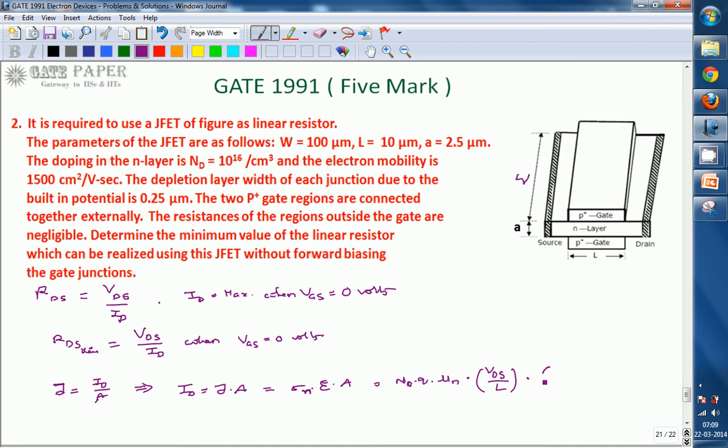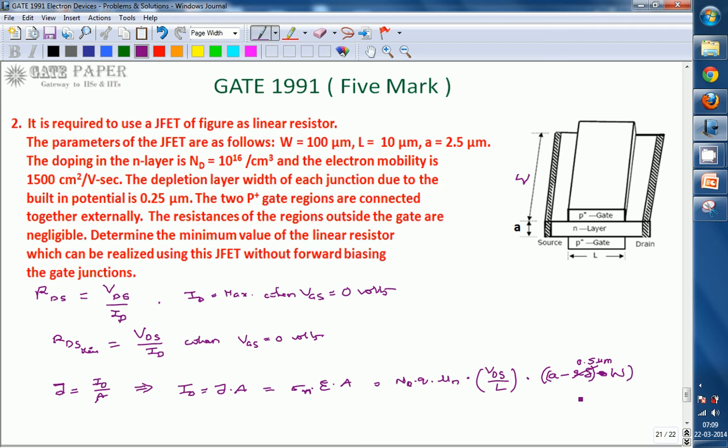But A is restricted to A minus 2 lambda, times W. Lambda is the width of the potential barrier, which is 0.25, so instead of 2 lambda you can write 0.5 micrometers.